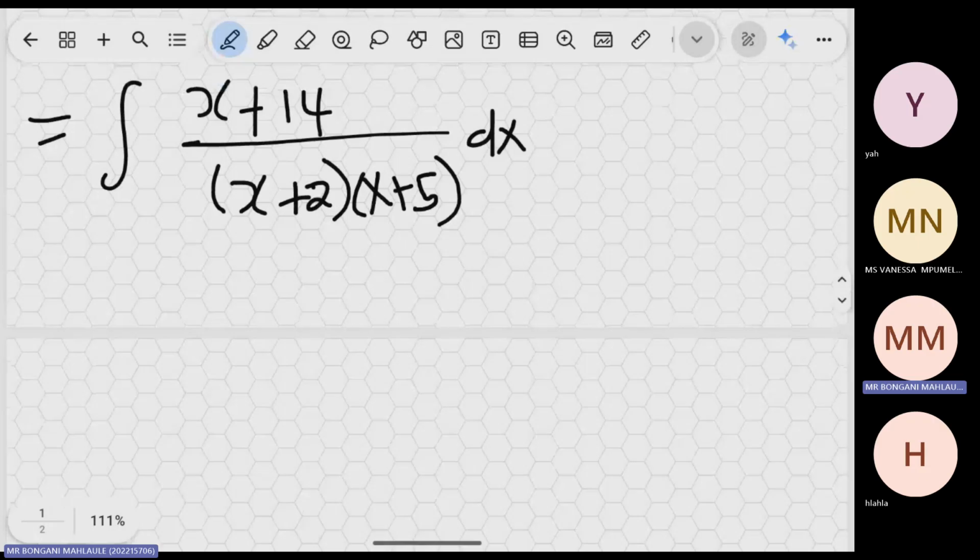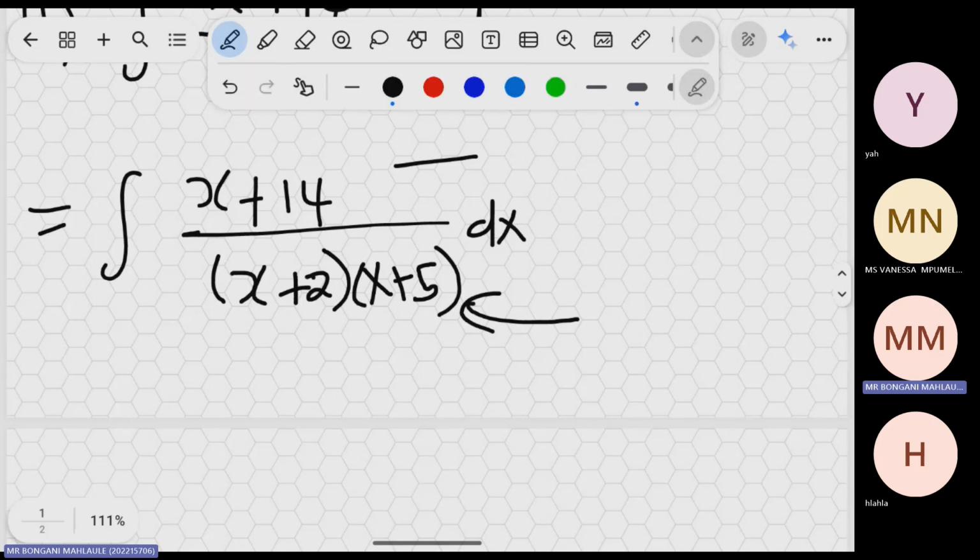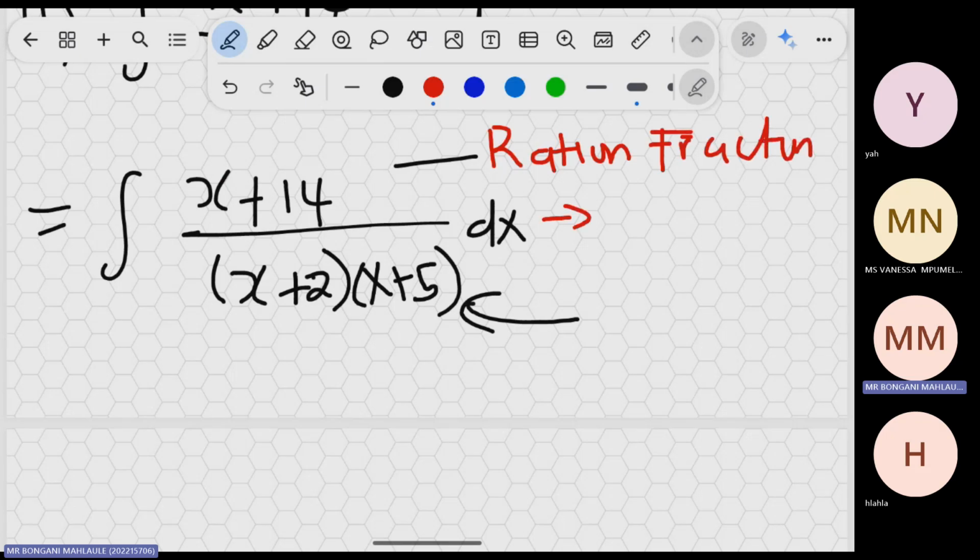And then now I can change this fraction. Remember, this one is a rational fraction. So we must change it to a partial fraction.